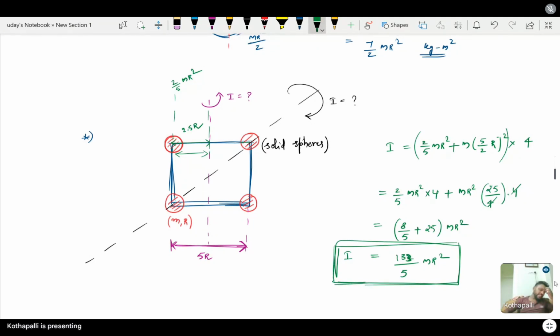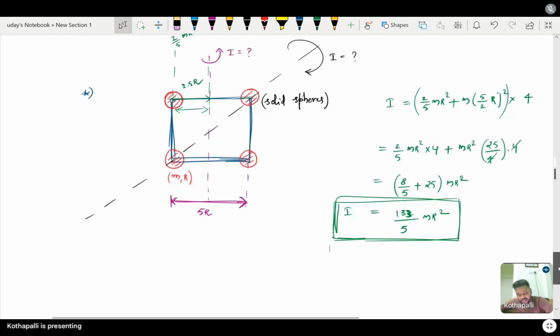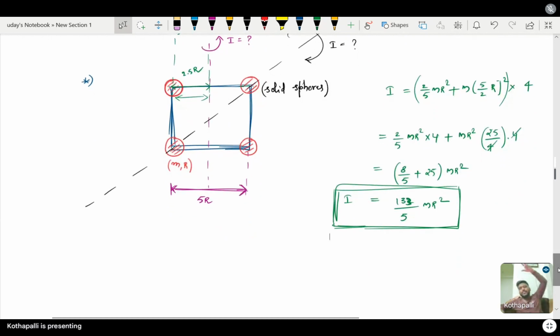Next, moment of inertia about the diagonal axis. Here also the parallel axis theorem can be applied, because it is a 3D body; the perpendicular axis theorem will not work for 3-dimensional bodies. So apply the parallel axis theorem. If I take moment of inertia about this axis, it is 2 by 5 mr square. This is the parallel axis distance.